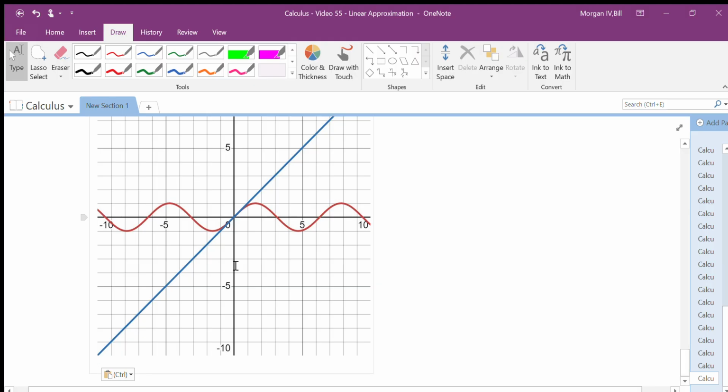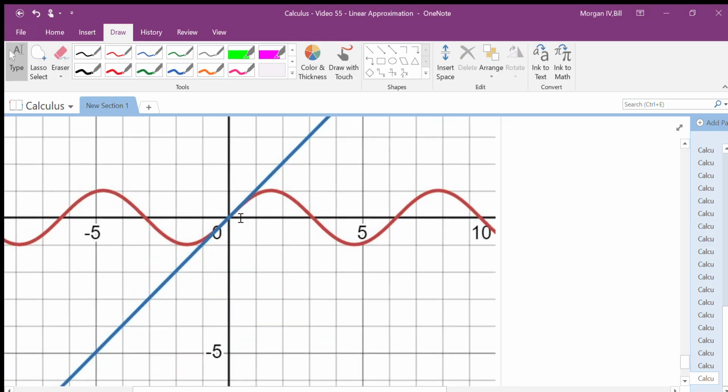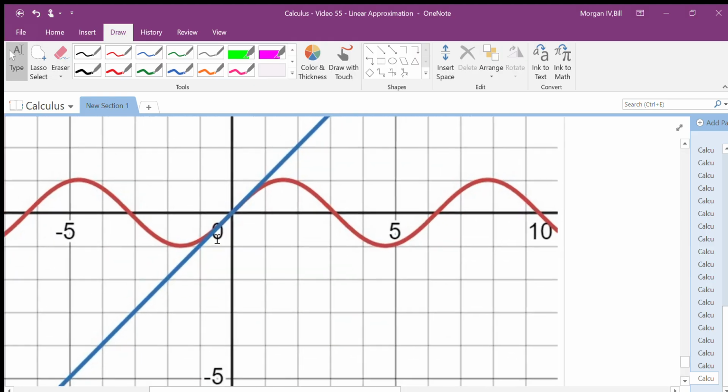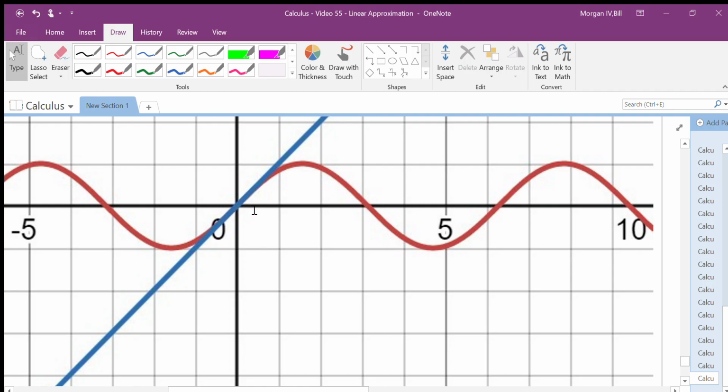But it only lasts for so long, right? These are all spaced by 1 blocks. I don't know that I can zoom in. I can a little bit. So it looks to me like this is only going to be fairly accurate from about, say, negative 0.5 to 0.5. After that, it gets to be quite inaccurate. We wouldn't be able to estimate the sine of 4 with L of x equals 4.